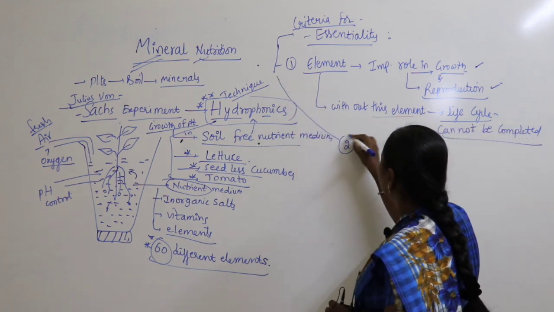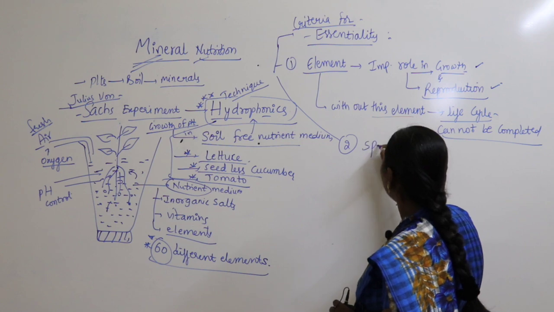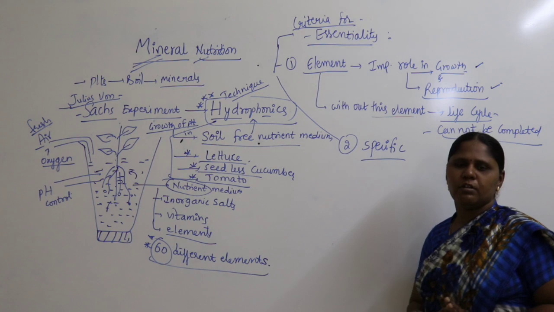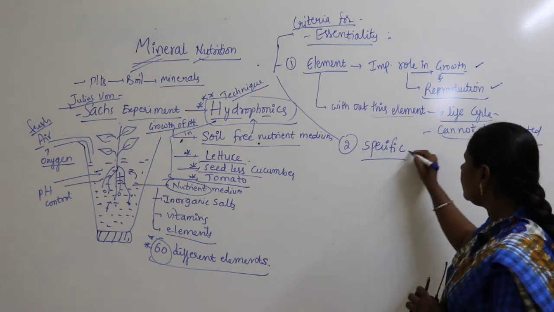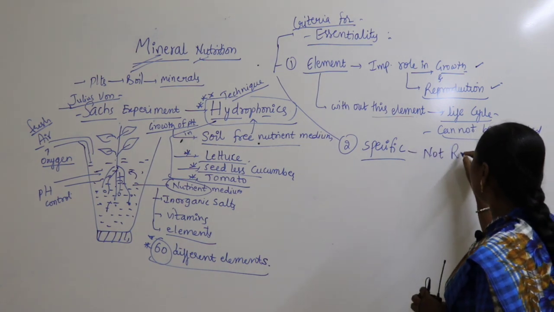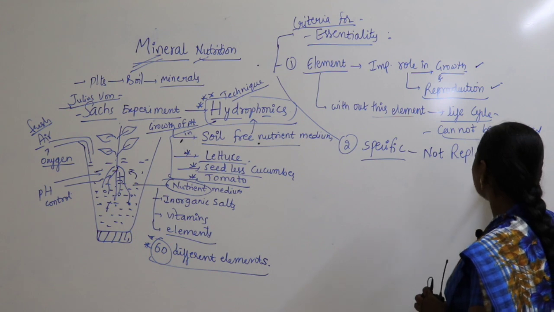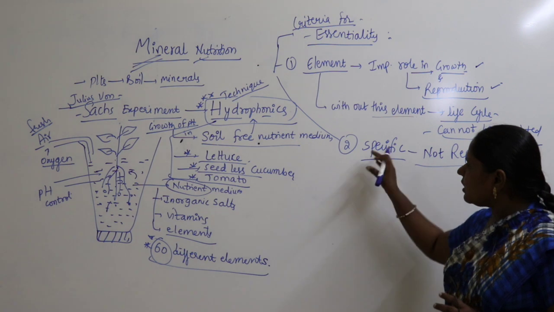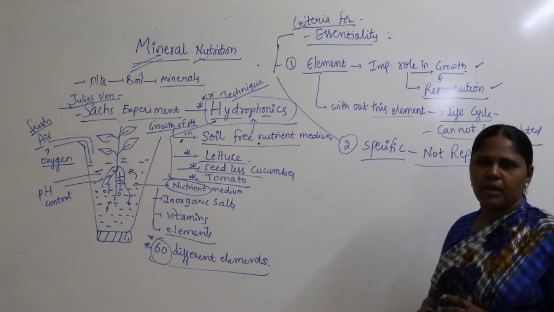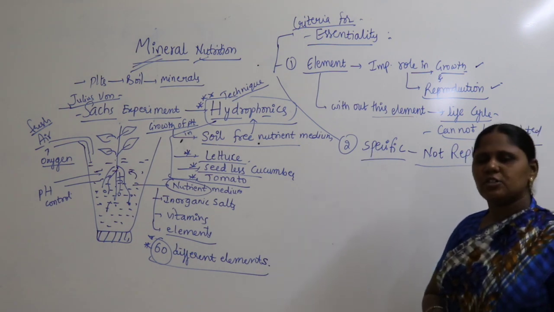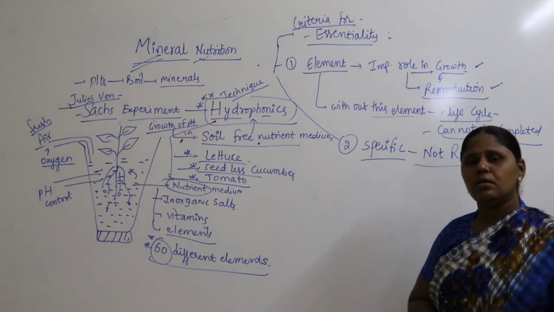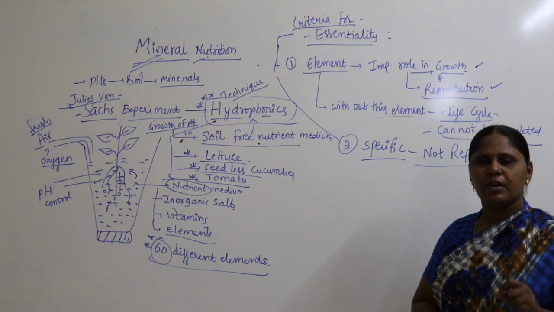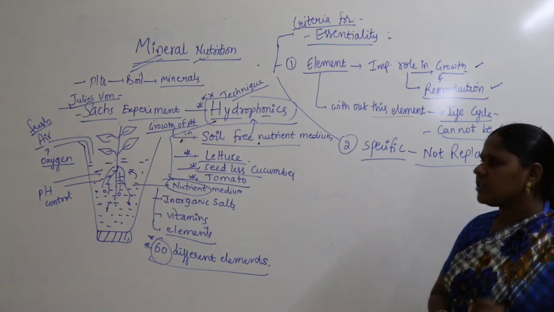Then the element is said to be very specific. What's the meaning of specific? It will do a specific metabolic function, meaning it is not replaceable. If it is absent, that function may not be performed by any other element. Every mineral is very specific in its function.